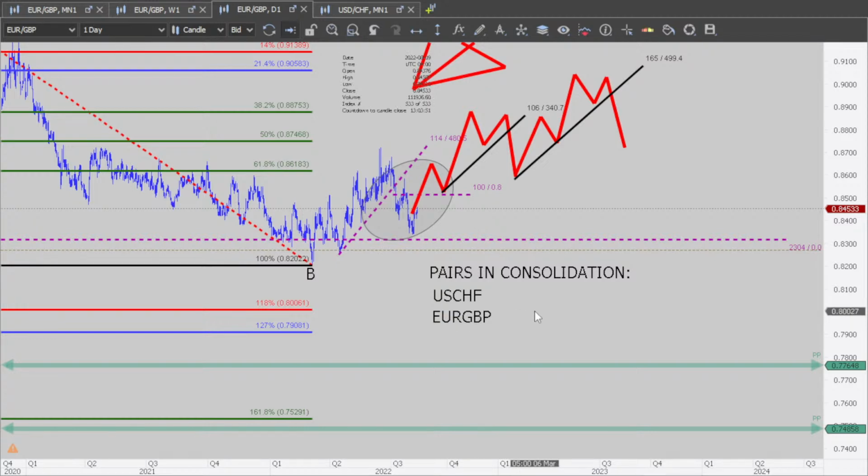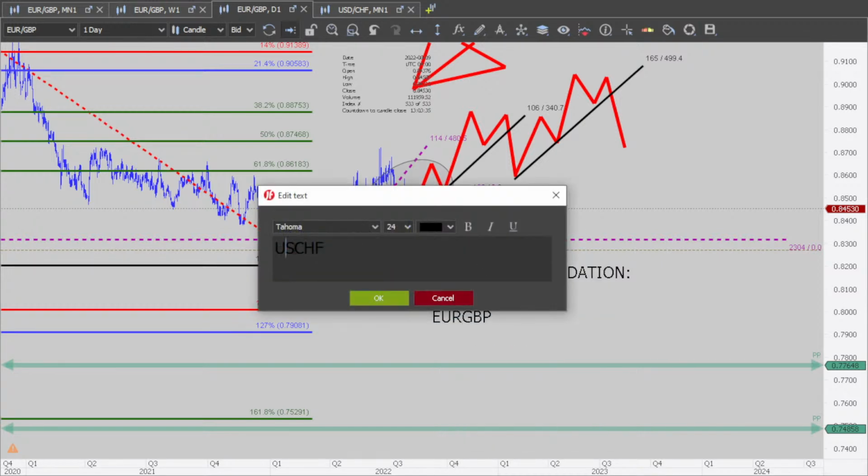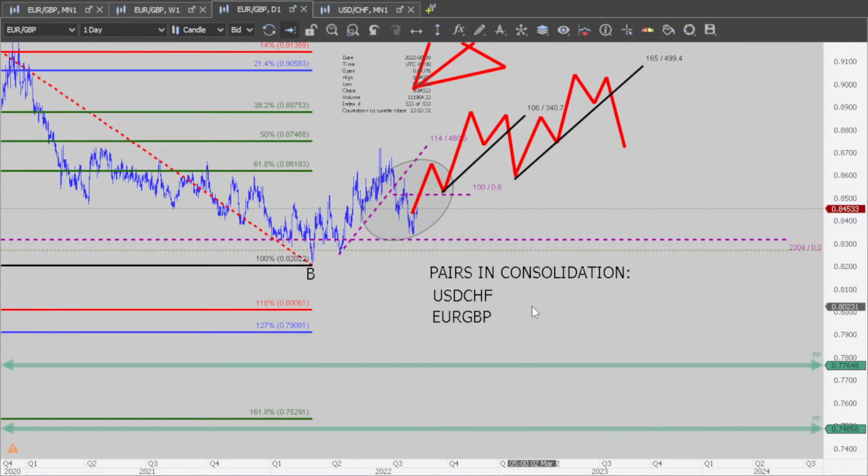I'm not your father. I'm not going to tell you, oh, you must not. I'm telling you, as a coach, you should not use Fibonacci's in consolidation. USD CHF, Euro GBP, 2 more.